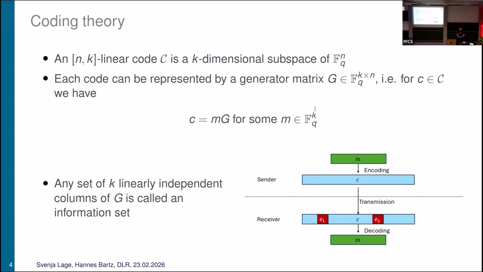And encoding can also be done simply by taking the product of a vector m with this generator matrix G. And one notion that we need when talking about these code-based schemes is that any set of k linearly independent columns of G is called an information set. So basically, that's exactly the number of columns of the generator matrix that you need to recover your information in the error-free case.